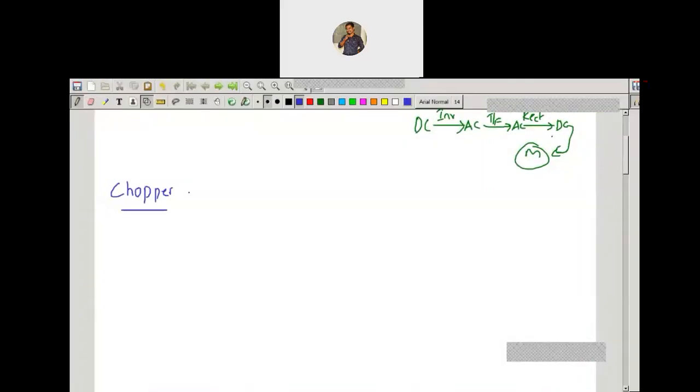What is the basic traditional definition of the chopper? You can say chopper is an all-electronic device that converts the power directly from fixed DC to variable DC. That is, it converts the fixed DC power supply into variable DC. This is the traditional definition of the chopper.